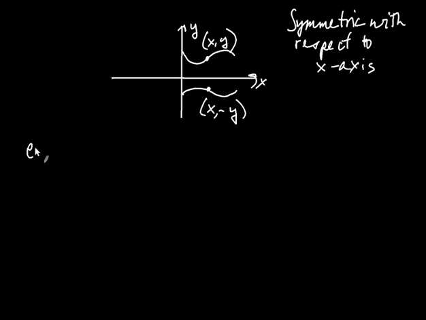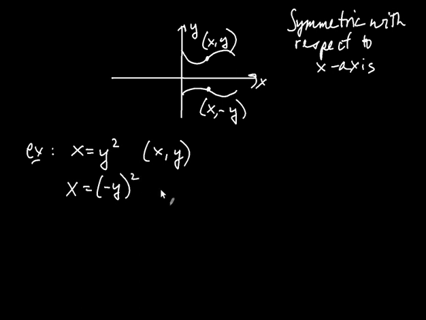And we're hoping that this point satisfies the same equation this point satisfied. So for example, let's say you had the equation x equals y squared. Okay, and that's satisfied by xy. Let's go ahead and do what we said we're going to do. We're going to keep x the same and replace y with negative y. So it's going to become x equals negative y squared, and that's satisfied by x negative y. And so this is x equals, but then when you square negative y, you get y squared.